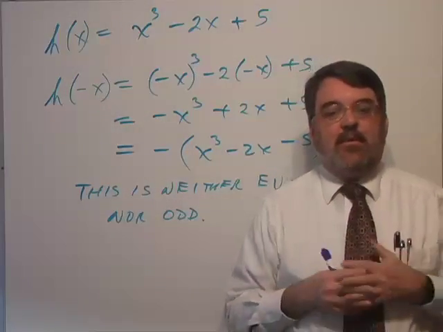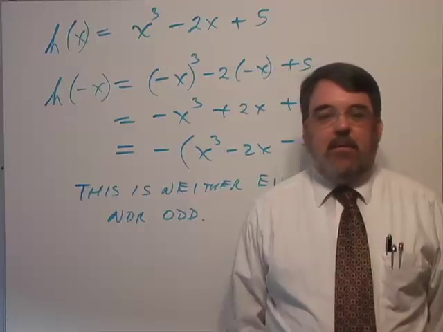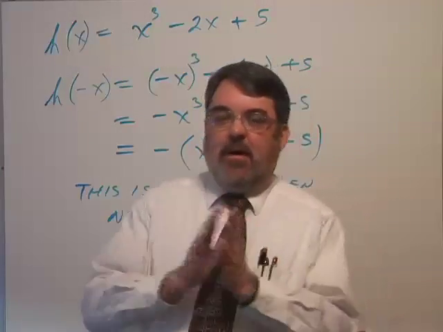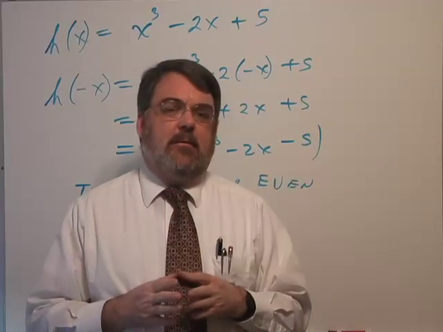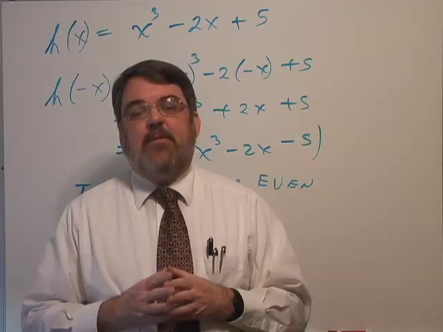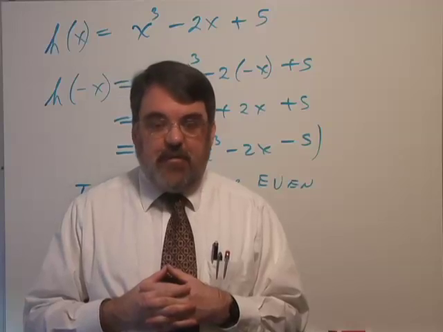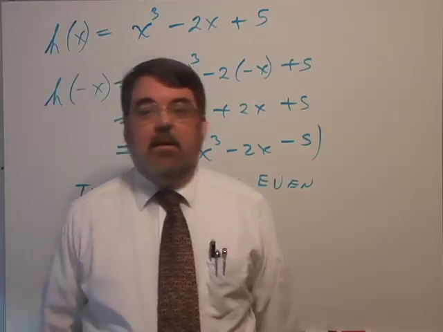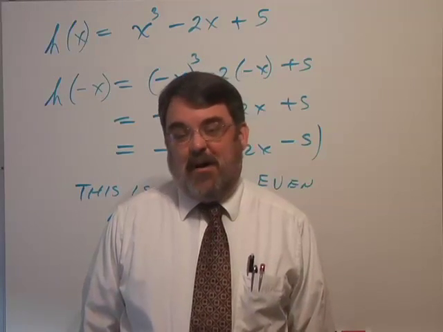Like I said, most functions out there are neither odd nor even. The symmetry properties, symmetric around the y-axis and symmetric around the origin point, are very specialized, very unique. So not too many functions have those, but there are some common functions which enjoy that property. For example, the cosine function ends up being an even function, and the sine function in trigonometry is an odd function.